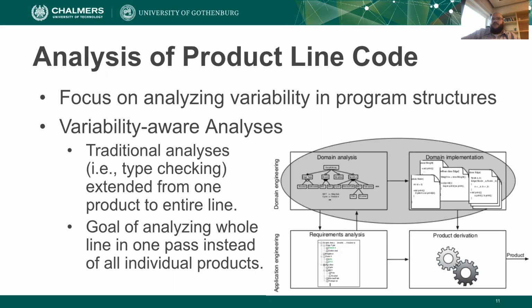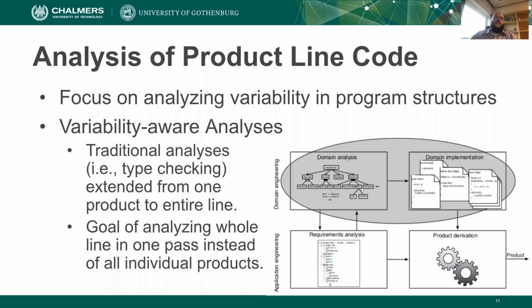So the idea would be to perform the same type of analysis on the product line that we could perform on every possible individual product separately. Ideally, a variability-aware analysis would yield the same results as analysis for every single individual product, but in a more efficient way, where we don't have to actually go and check every possible concrete product, right?